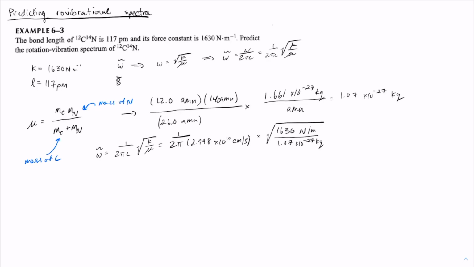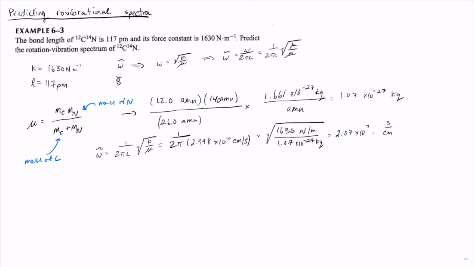So let's deal with the number and the units separately. The number is something we can easily throw into Mathematica or do on a calculator, and what you get is 2.07 times 10 to the third. Now let's see what this looks like for the units. Over here you have 1 over centimeters per second, so you should have seconds per centimeter.